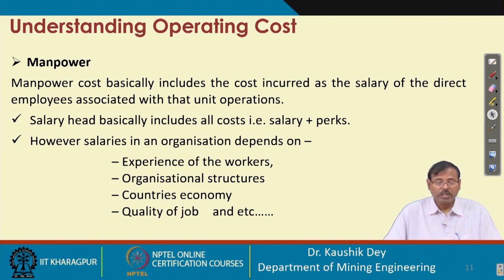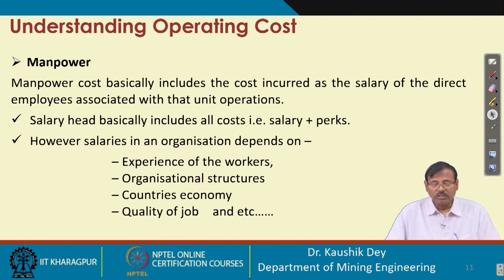Now, the next part is the manpower cost. This manpower cost basically includes the cost incurred as the salary of the direct employees associated with that particular unit operation. So, if it is a drilling operation, then the driller and the assistant driller are the two manpower you can consider for direct employment on the drill machine.